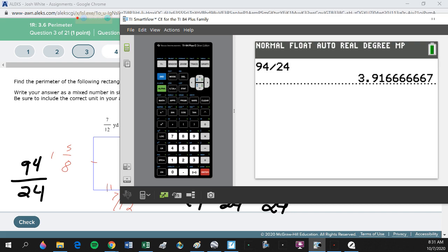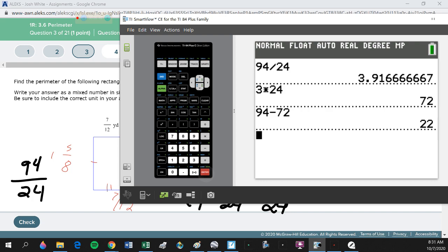Excuse me, guys. So I know the answer is going to be 3 and some amount of 24ths. So I need to do 3 times 24, and I get 72. And then 94 minus 72 is 22.